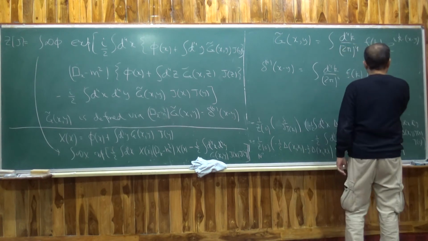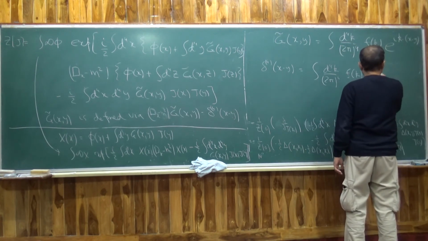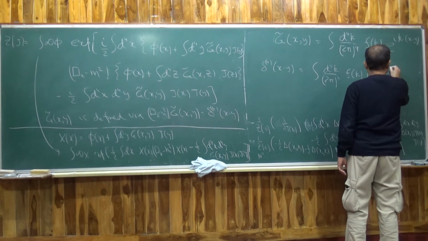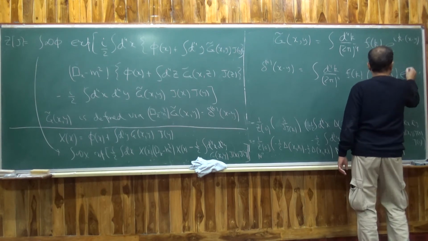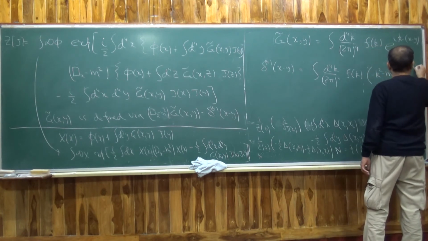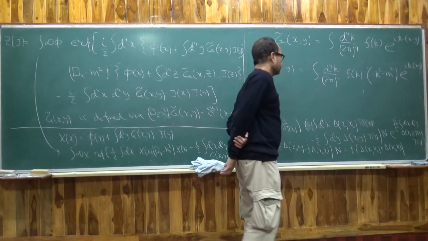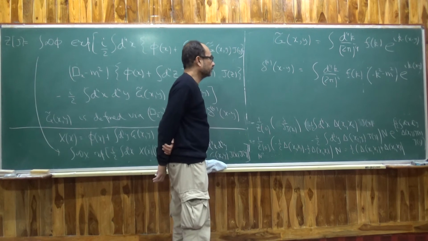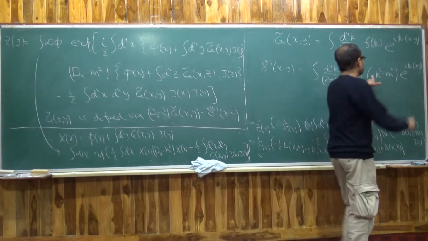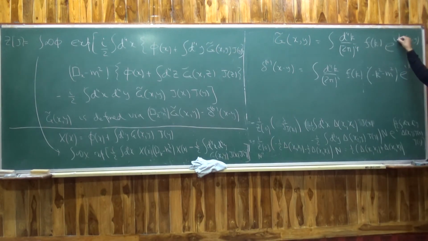So that gives you minus k square minus m square. Why minus? This minus comes because the i comes down twice. That gives you minus. Otherwise the box x is just k square.